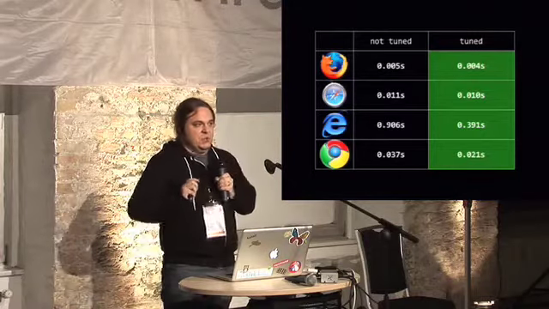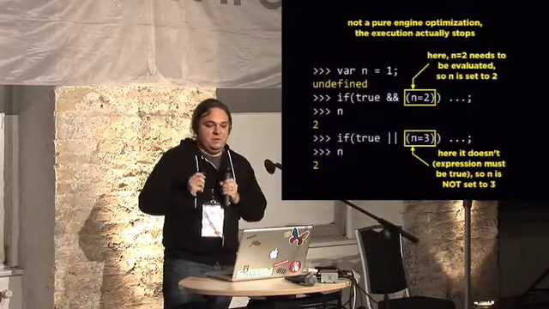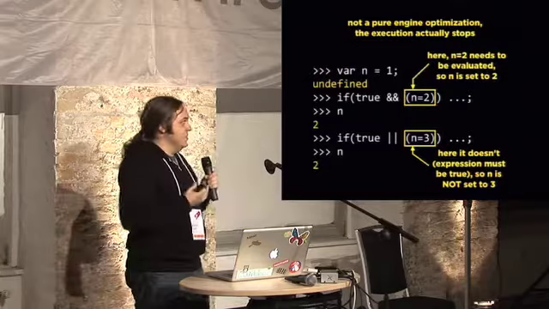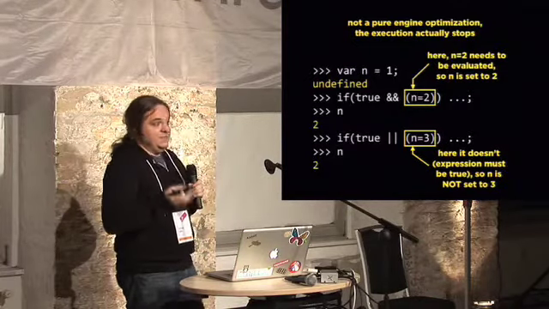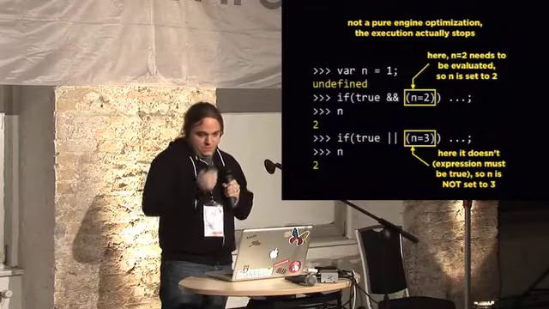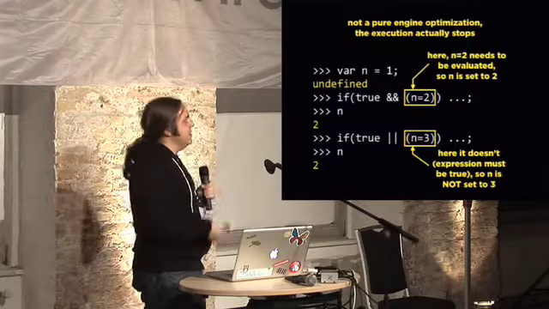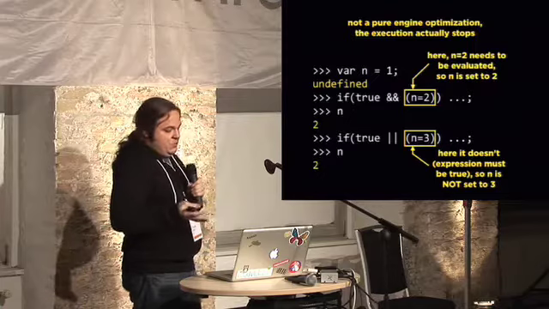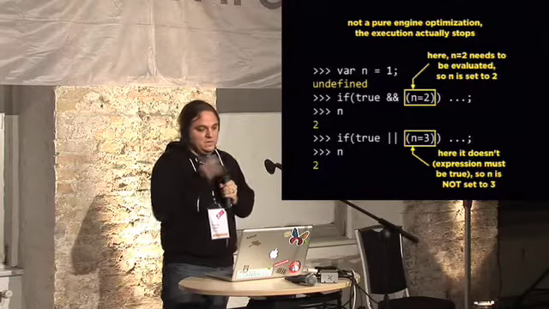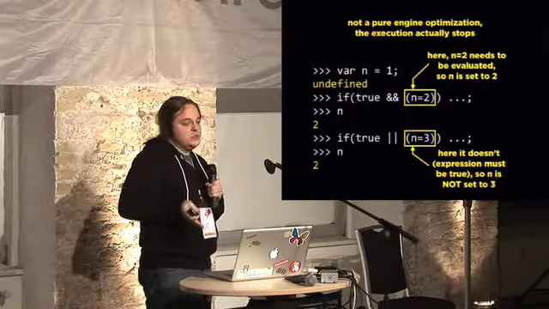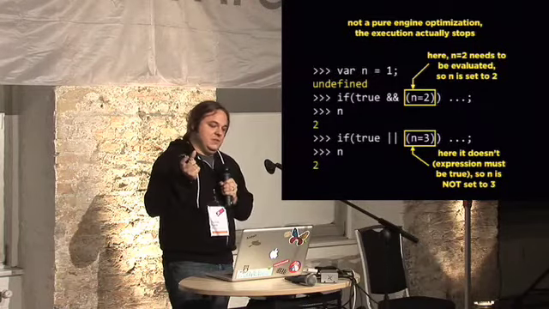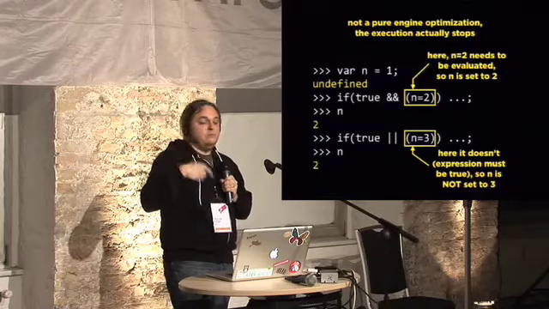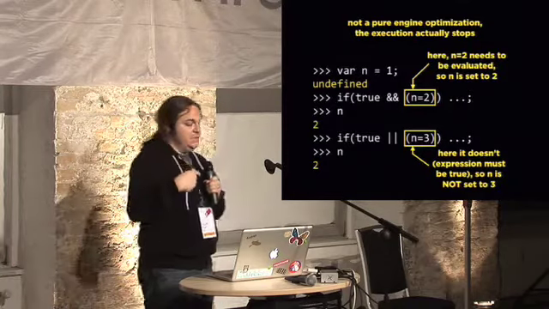And it's important to note that this is a language feature. It's not an engine optimization or anything. The second part of this expression will never get evaluated at all. So in this code, I define n to be 1, and I say if true and n equals 2, which means the second part of this expression will only be evaluated if the first part is true, and this is true in this case, so n will be set to 2.